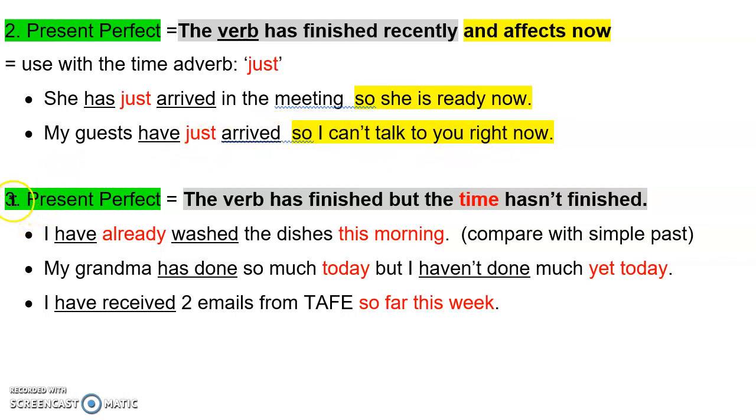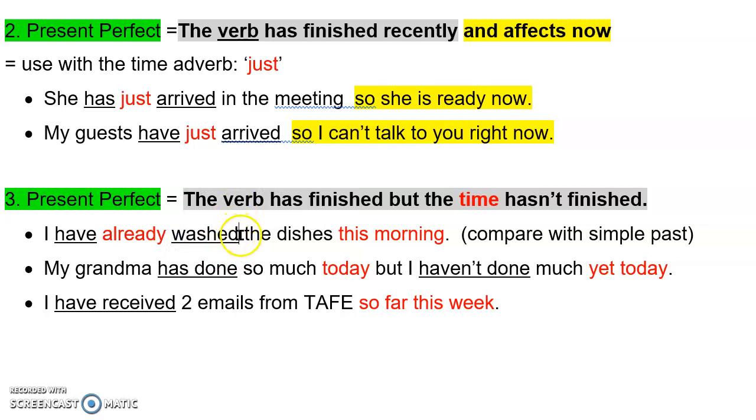Let's look at our third way to use the present perfect. The verb has finished, but the time hasn't finished. So let's look at this example. I have already washed the dishes this morning. All right, so our present perfect is have plus our past participle washed.